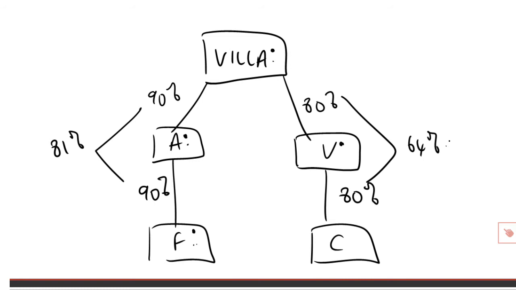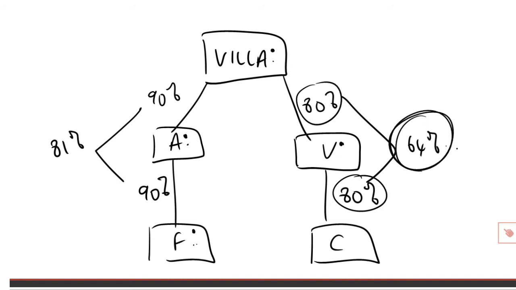How come? The direct link between Villa and V, 80%. The direct link between V and C, 80%. Both satisfying the 75% requirement. The effective 64%, that is more than 50%. So on that basis, yes, company C is in the same gains group as the other Villa group members.